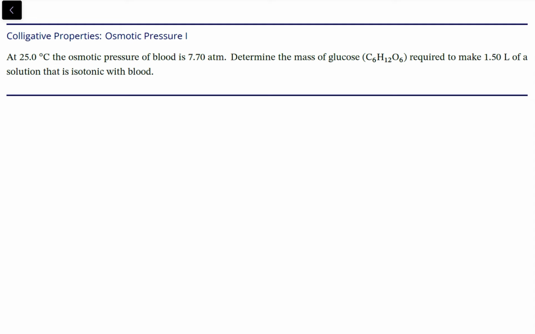So the important thing is we need to know what the word isotonic means. Isotonic means same osmotic pressure. So maybe write down for yourself: isotonic is the same osmotic pressure.